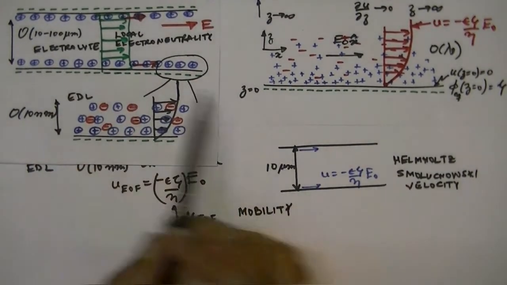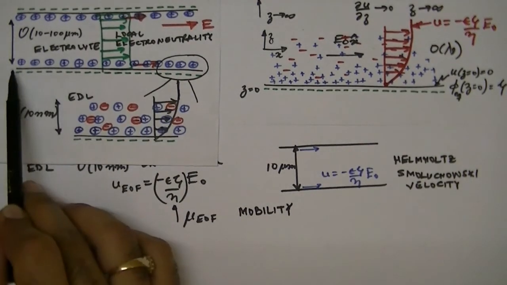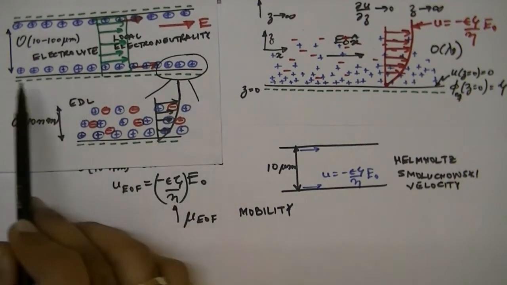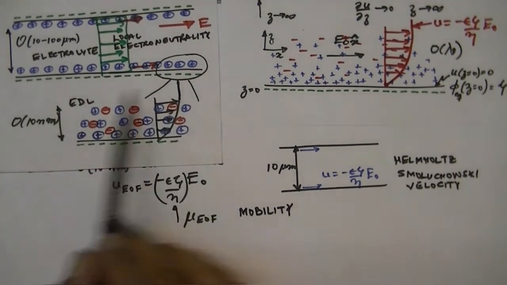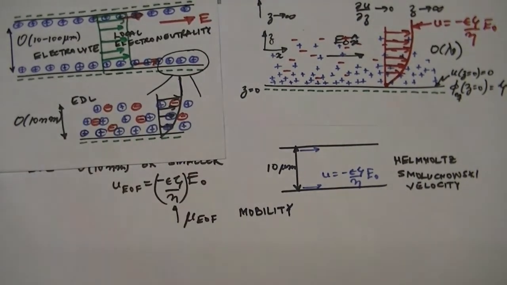And this is the case when there is no pressure gradient, and the zeta potential is uniform, that is there is no gradient in zeta potential along the axial direction.